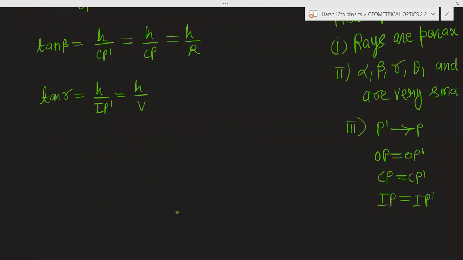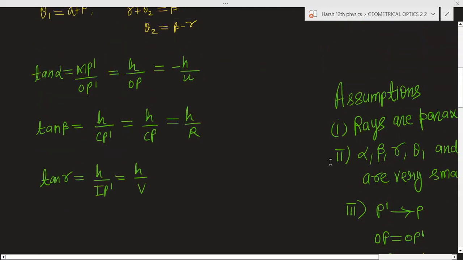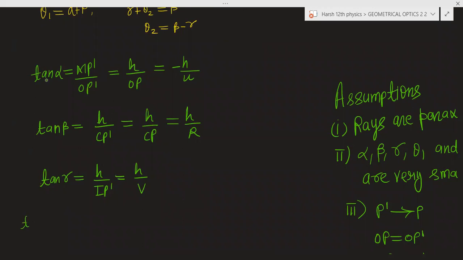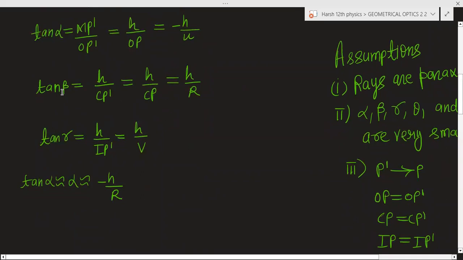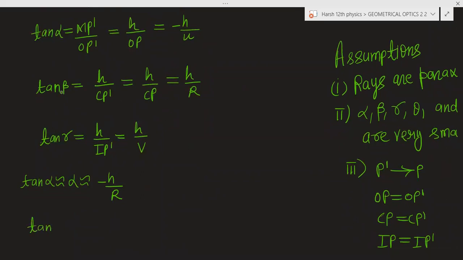Now alpha, beta, gamma are very, very small angles, as we have discussed. So tan alpha can be approximately written as alpha, approximately equal to minus h by u. Similarly, tan beta is approximately equal to beta, and this is equal to h by r.